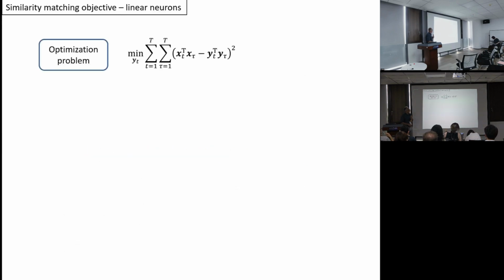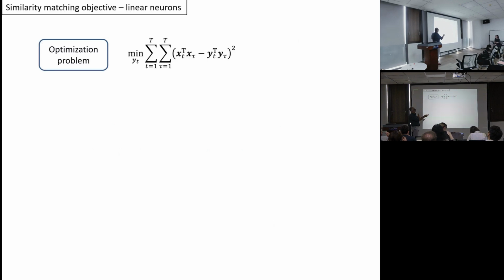And so what we showed is that actually there is a mathematical trick that makes this objective very amenable to an online algorithm. And to see this, what we have to do is to just expand the square, and then we'll have 3 terms. The quartic x term does not depend on y, so we can ignore it.